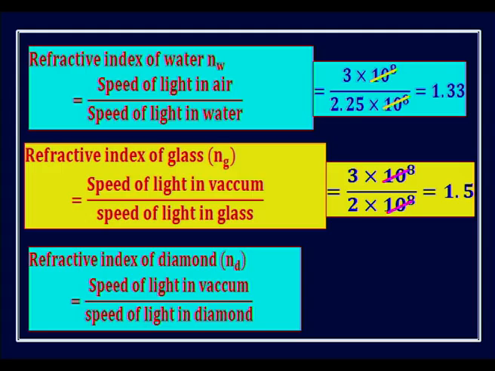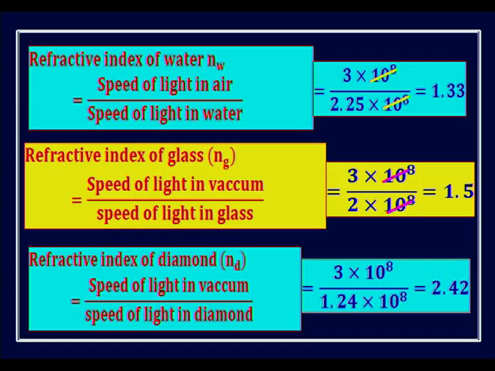The refractive index of diamond, represented by eta D, is equal to the speed of light in vacuum divided by the speed of light in diamond. The speed of light in vacuum is 3 into 10 power 8. The speed of light in diamond is 1.24 into 10 power 8.